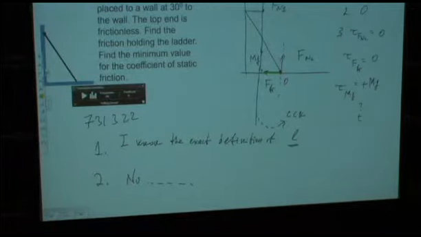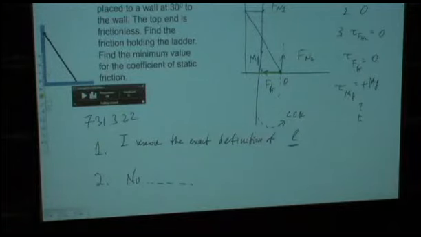This green segment represents the lever arm of the force of gravity acting on the ladder relative to the axis of rotation chosen at the bottom end of the ladder. So now we see it. And now the next part of the reasoning is, well, how can we find it geometrically?